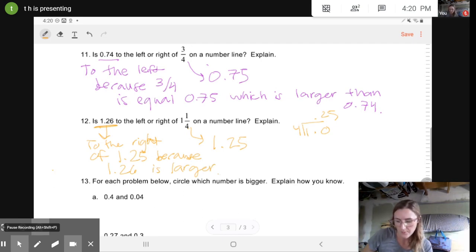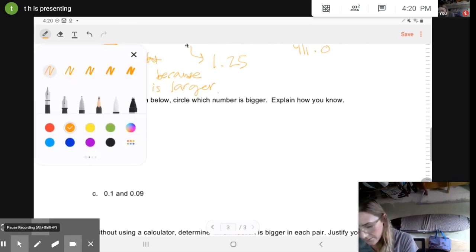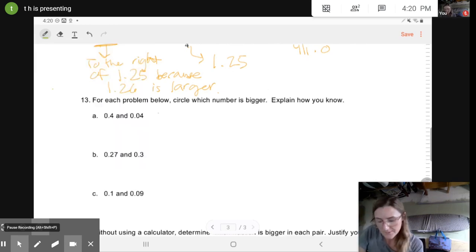Okay, for each problem below, circle which number is bigger. Explain how you know. Well, if I look at both of these numbers, I see 0.4 and 0.04. I could rewrite 0.4 as 0.40, which is 40 hundredths, and this is just 4 hundredths.